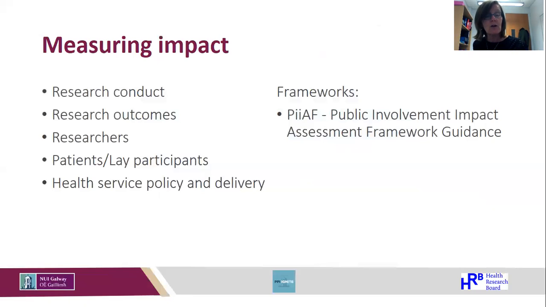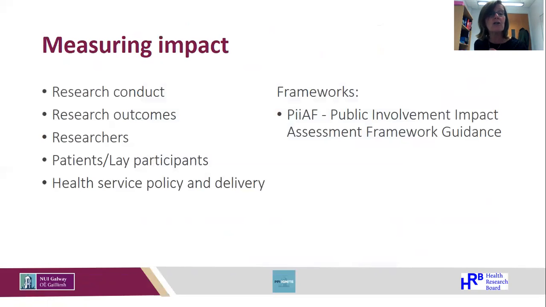A lot of work, or some work, has been done on looking at the impact of being a PPI contributor on the participants, the PPI contributors, the lay contributors, where they actually become research participants and qualitative interviews are conducted on them. But it's about their work as a PPI contributor.